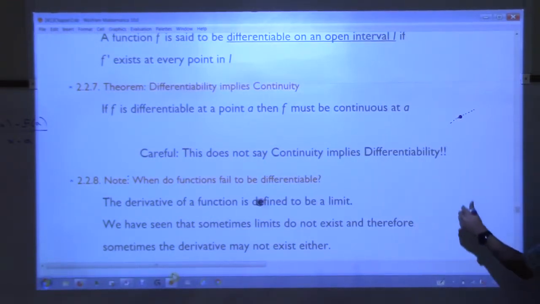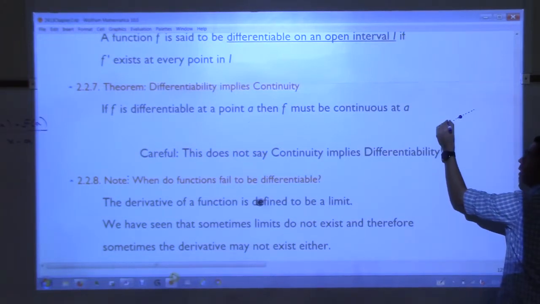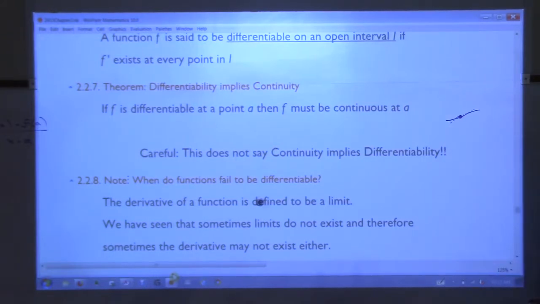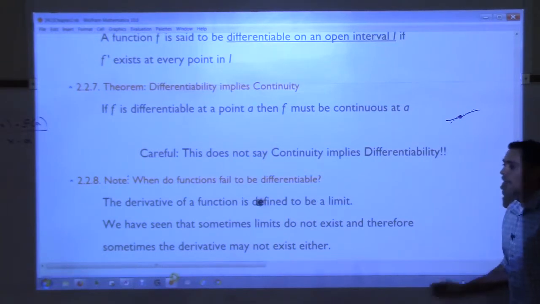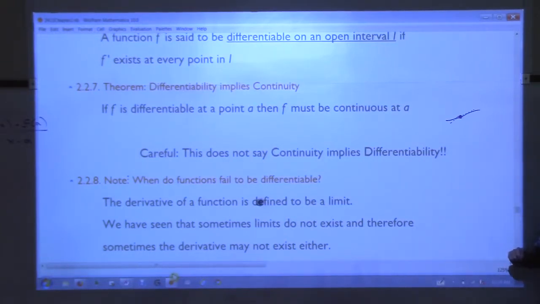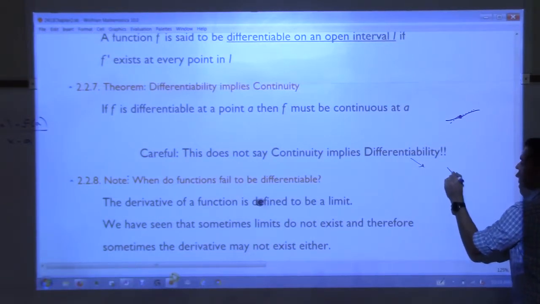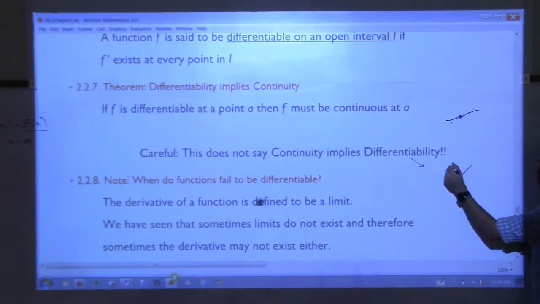That means when I draw the actual function, from the left it must come to that point, and from the right it must come to that point. That's what the theorem says. The theorem does not say that if you're continuous you must be differentiable. And a great example of that is the absolute value function. Can you draw this absolute value function without picking up your pencil?